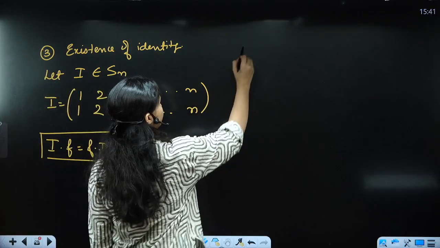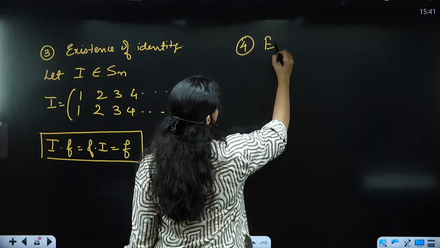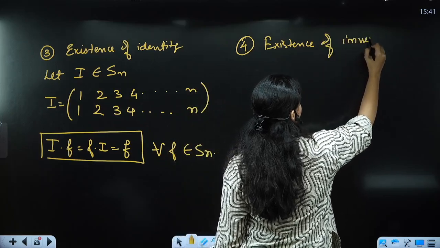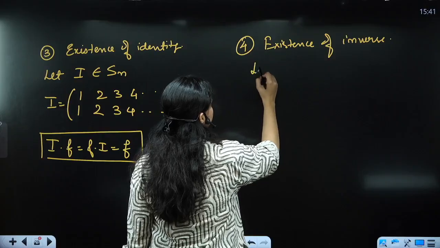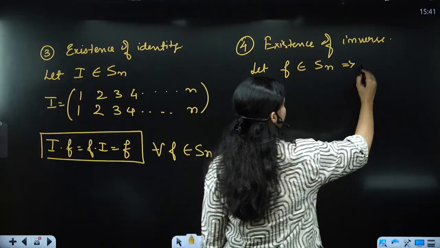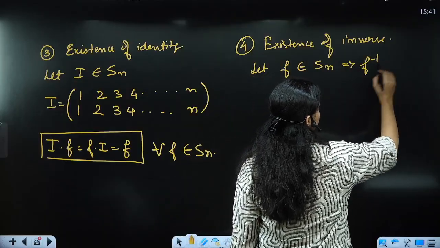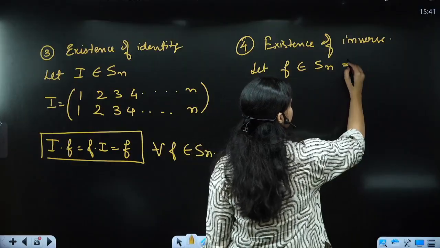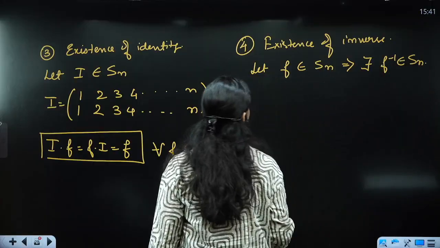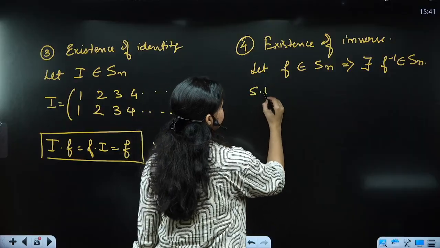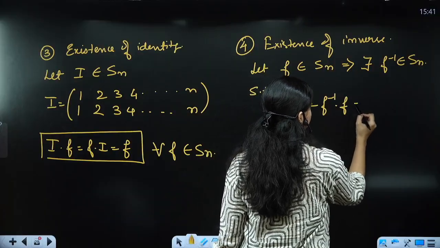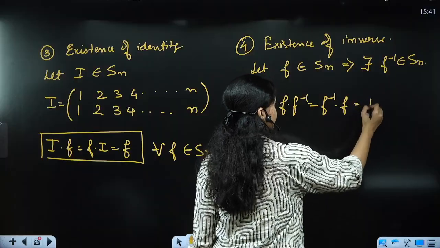Then finally we have existence of inverse. Now let f belongs to Sn. So this implies that f inverse exists, or I should write, there exists f inverse belongs to Sn such that f dot f inverse equals f inverse dot f equals identity.